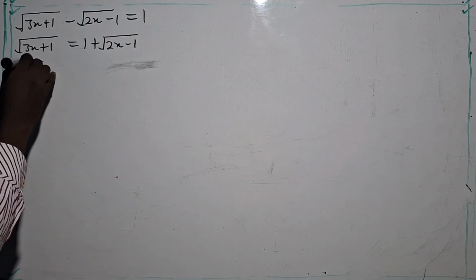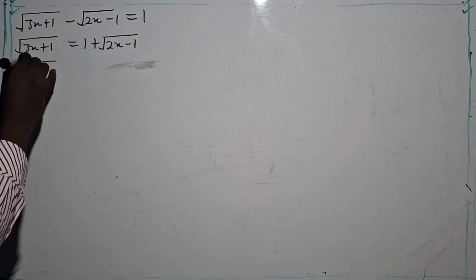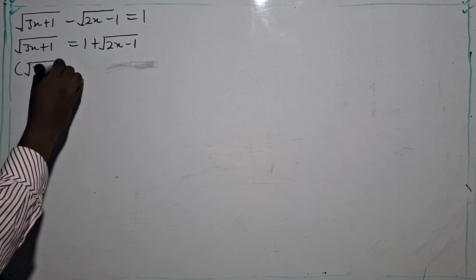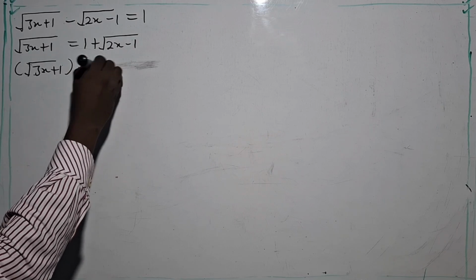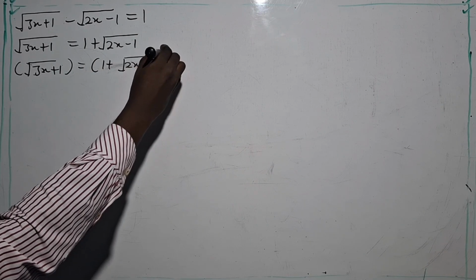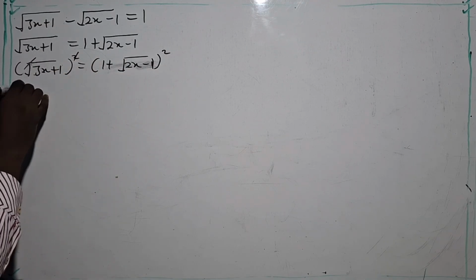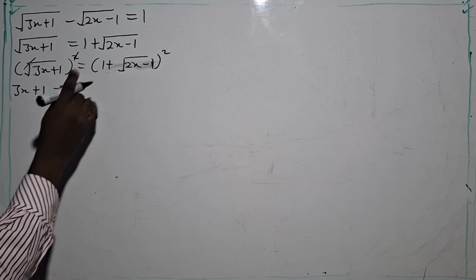So we have to eliminate our square root. So here will give us 3x + 1 equals (1 + √(2x − 1)) squared.